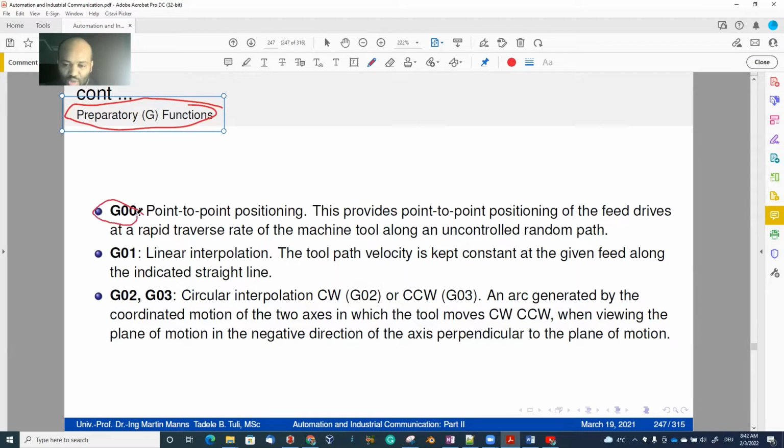The basics are G00, G01, G02, and G03, CW and CCW circular motion. G01 is linear motion. The tool path velocity is kept constant at the given feed along the indicated straight line. G00 is point-to-point rapid positioning. It uses the maximum speed as much as possible, it has maximum speed but minimum force. So you don't have to expect any force here.